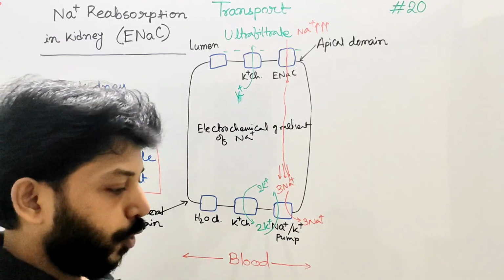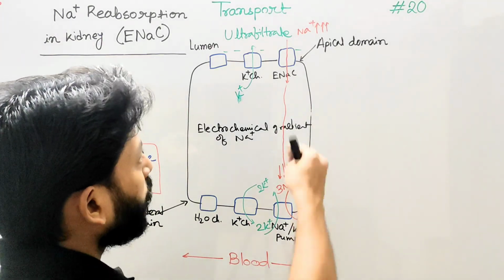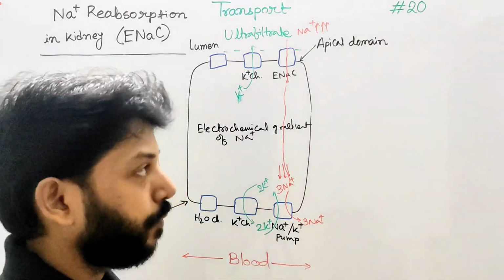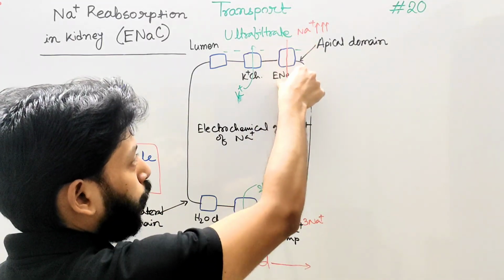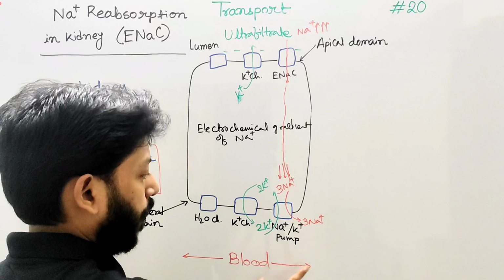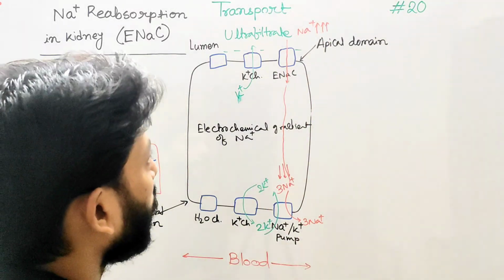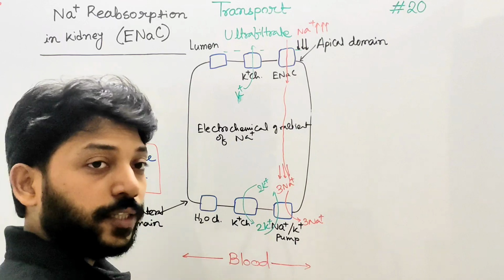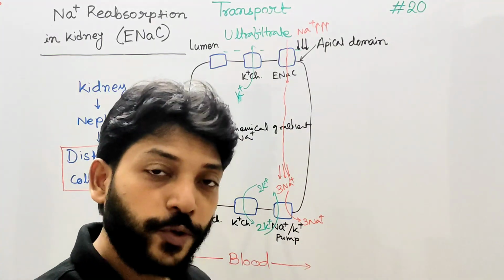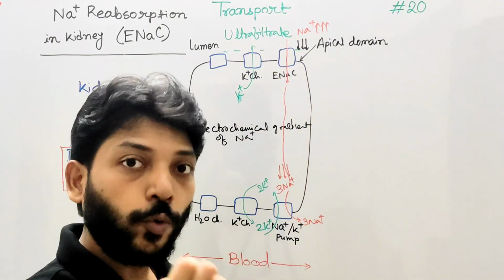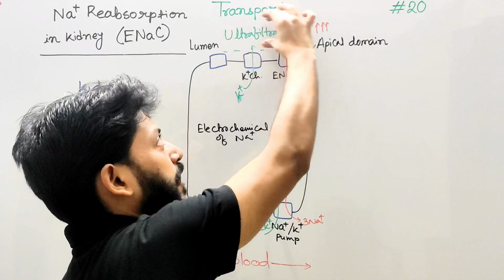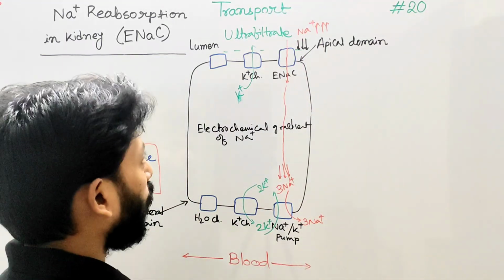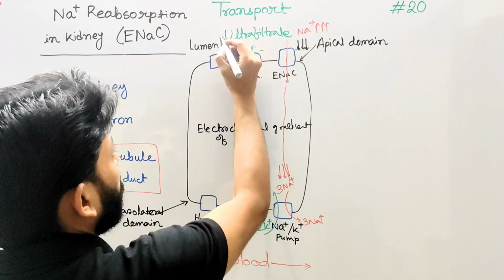Now one thing we have to understand: the concentration of sodium in the ultrafiltrate becomes lower, because as much as sodium moves through these channels into the blood, the concentration of sodium starts to decrease. And when the concentration of sodium decreases, the osmotic force of the sodium also decreases in the ultrafiltrate, and that's why water moves through the water channel.